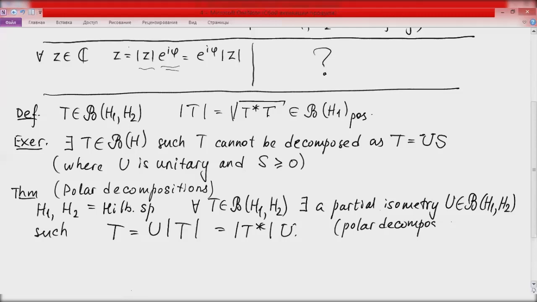But this is not the end of the story. We can also choose U in such a way that the following two properties are satisfied.